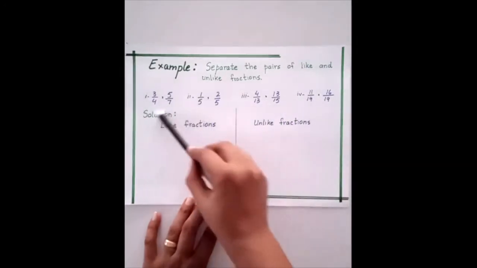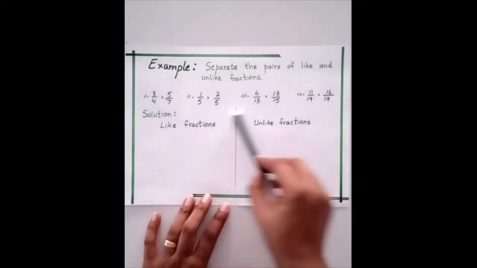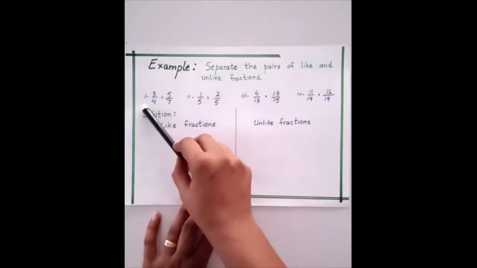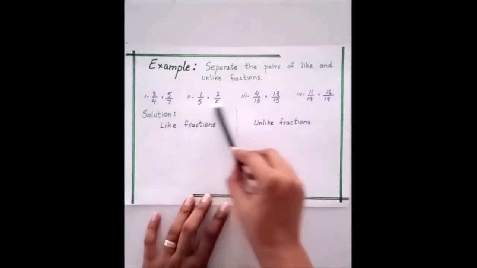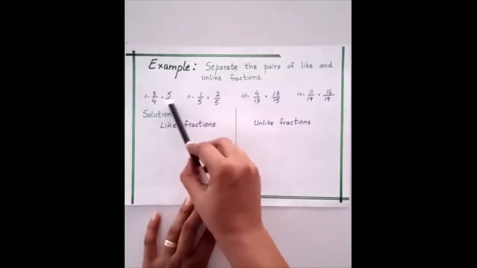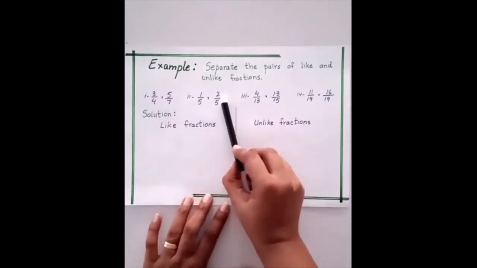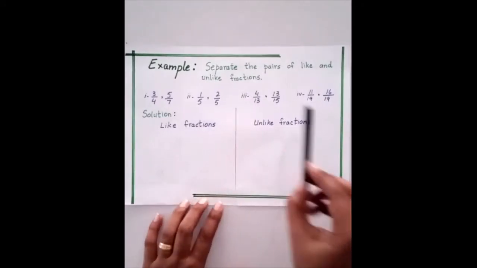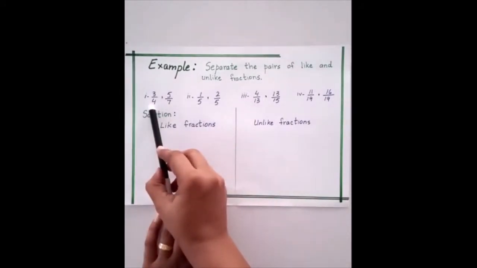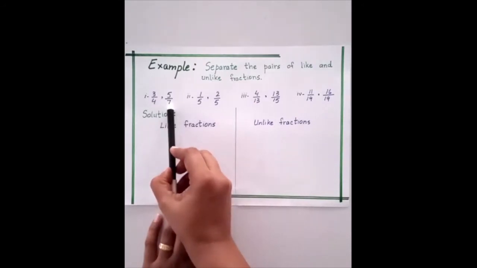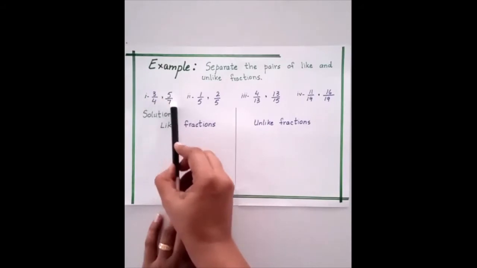Now we have to sort out like and unlike fractions from all these pairs. These are the pairs over here. We have to sort out which are like fractions and which are unlike fractions. First we will see 3 upon 4 and 5 upon 7. I told you that we have to see the denominators.